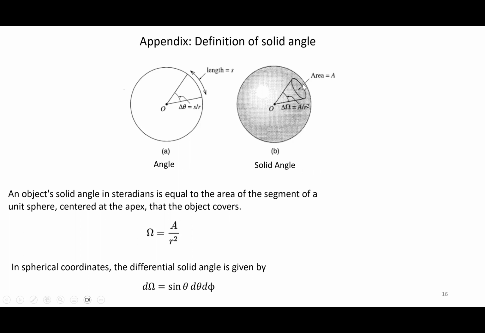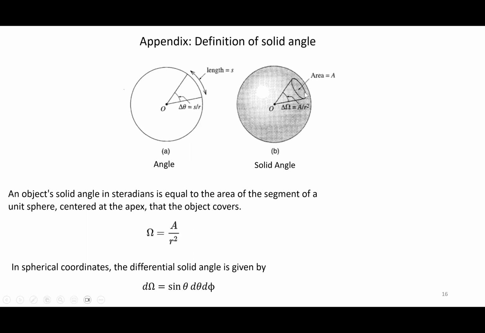When the cone touches the surface of this sphere, it cuts out an area A. The solid angle of this cone is defined by this area you cut out divided by the radius R squared.